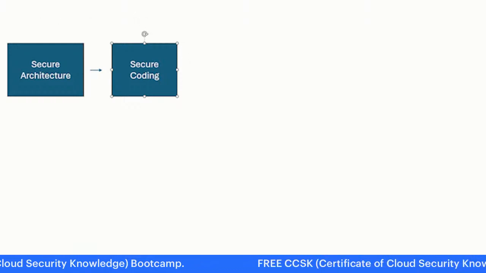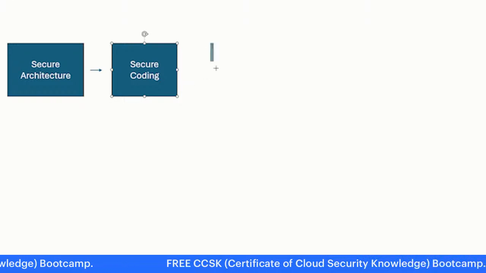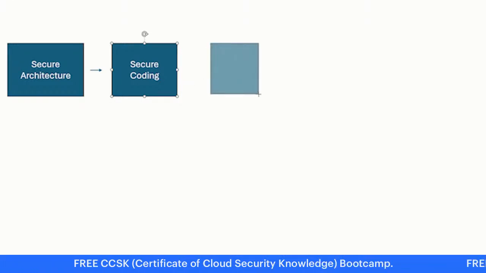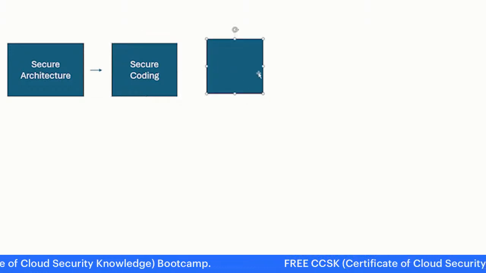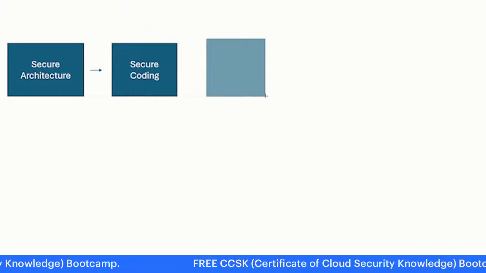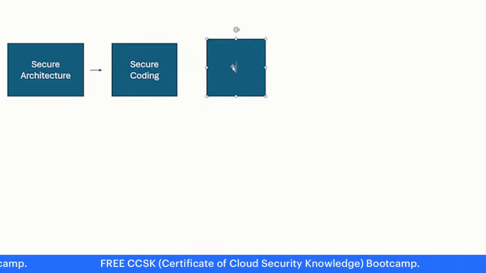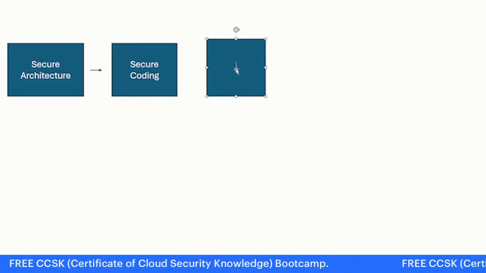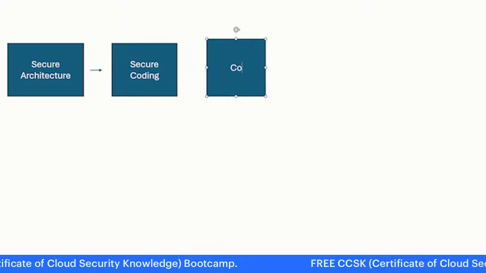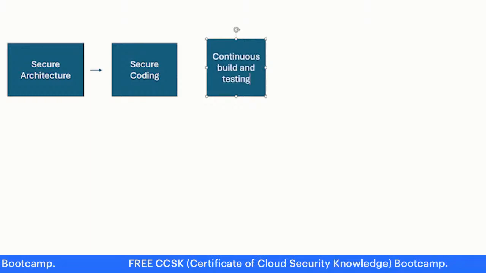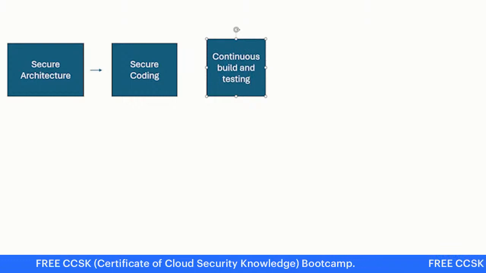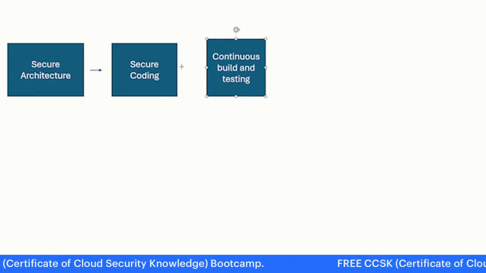And at that point, once it's coded, it's going to be built and tested. So in DevOps, this stuff is pretty continuous. So I'll call it continuous build and testing. Because we're in DevOps, the goal is to speed it up.